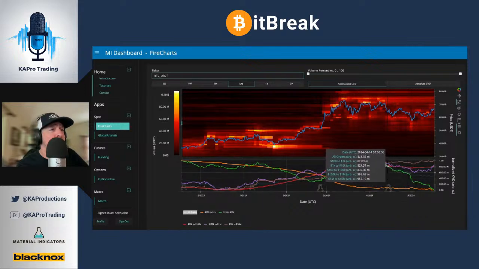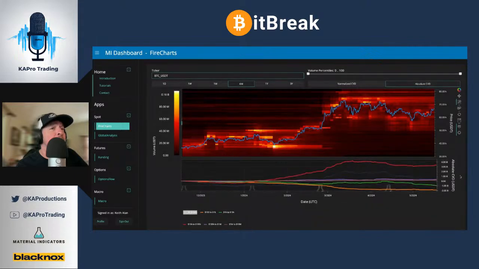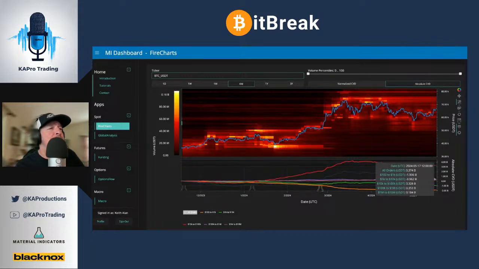Now, when they work in conjunction, obviously those make big moves. But just to give you some perspective, let's look at the last 6 months. Those red sharks are net positive 3.3 billion.